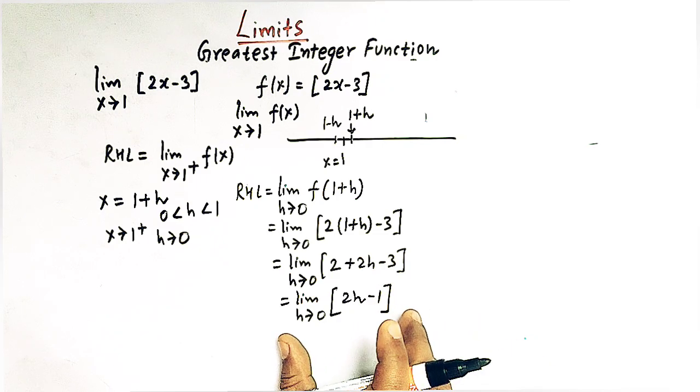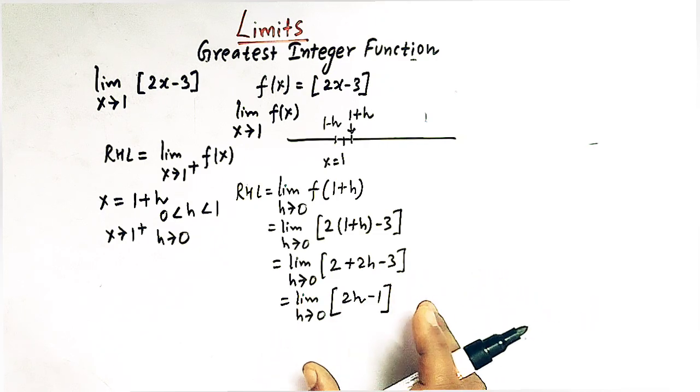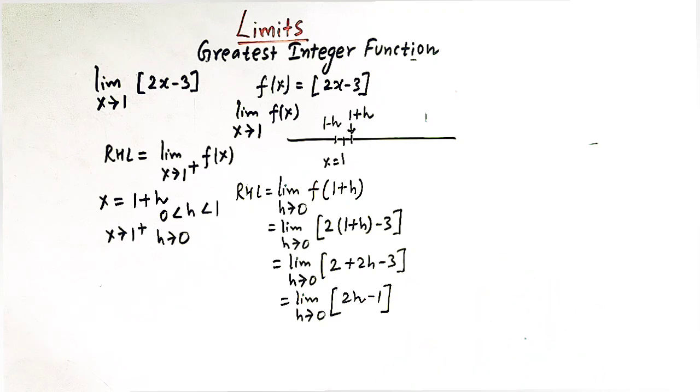Whenever we come across functions like the greatest integer function, we cannot directly substitute h equal to 0. So we'll first make use of the definition of the greatest integer function.